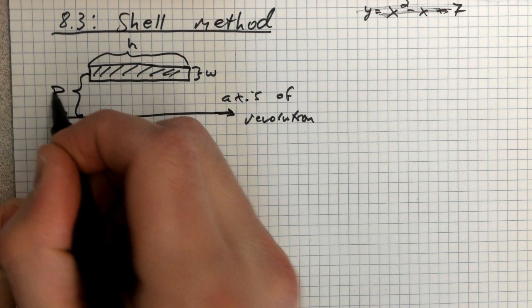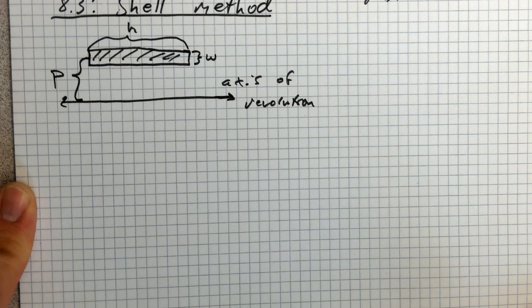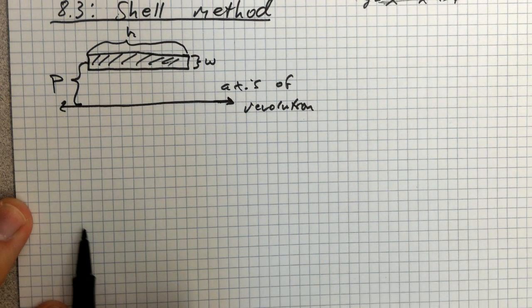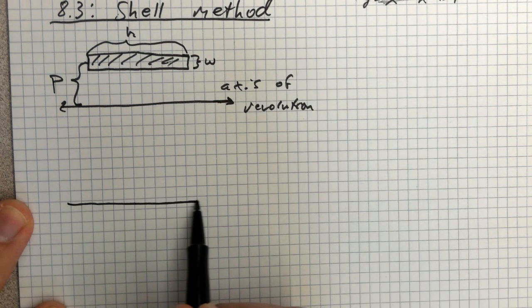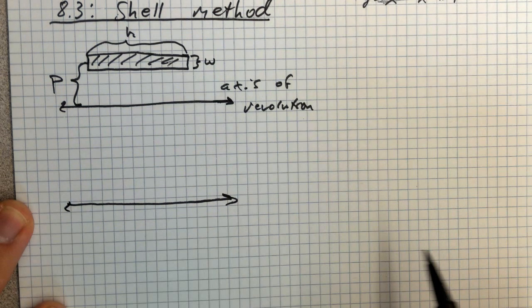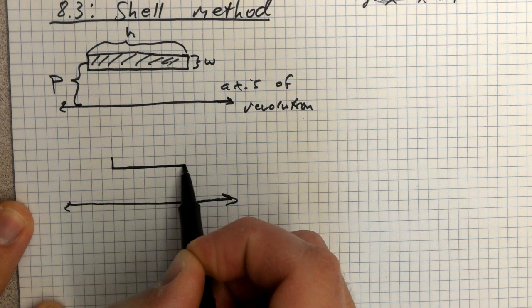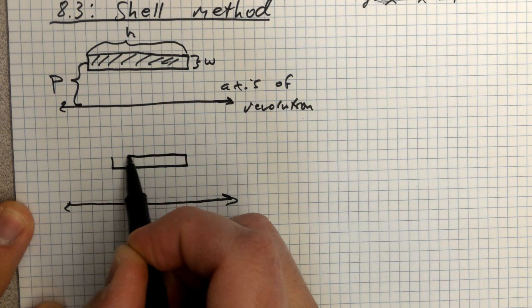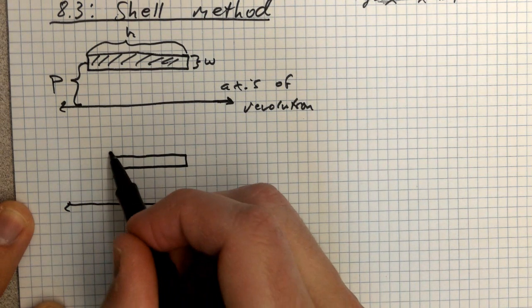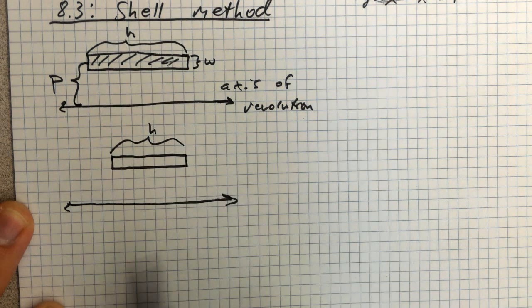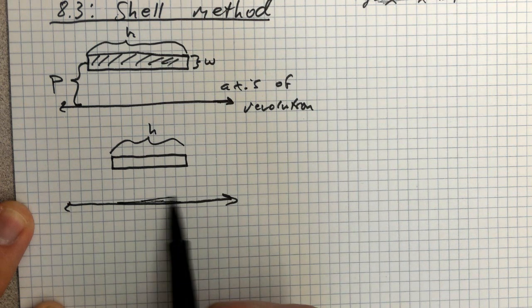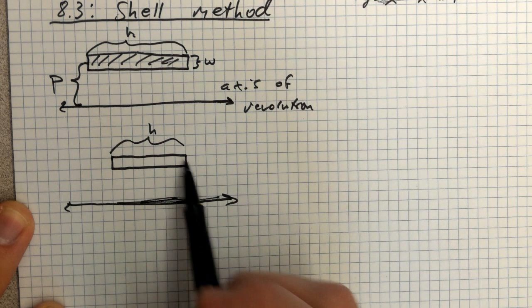Okay. All right, and so if we set it up like that, and we imagine spinning it, this is what we get. Should have traced a line there, that was a mistake. So let's take this, remember this is our h, and then we're going to imagine spinning this around the axis.